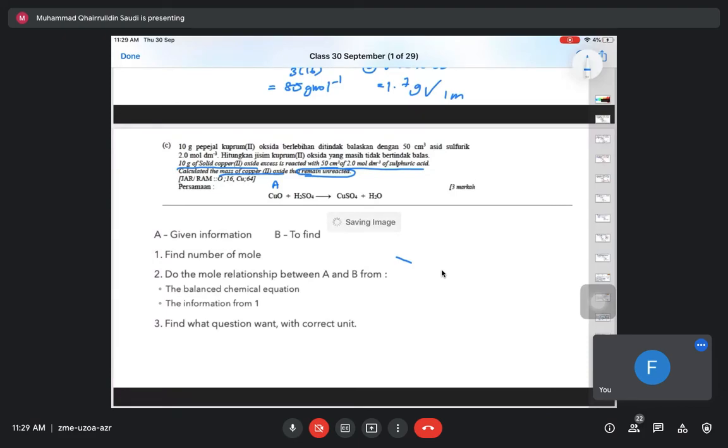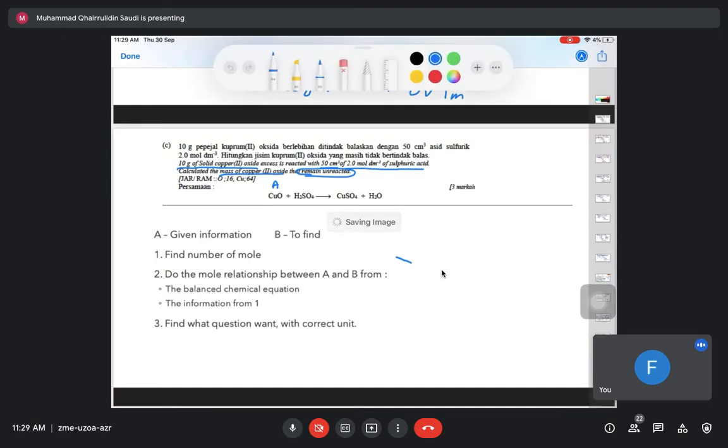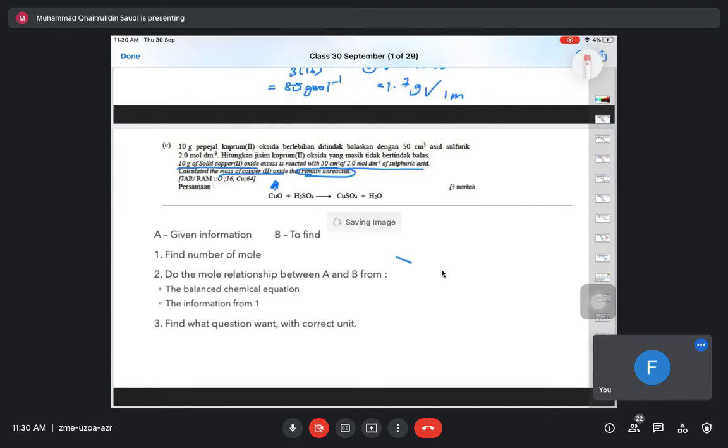Okay. Kemudian, sorry, bukan. That is not our given. Our given is 50 cm3 of 2.0 mol per dm cube. So this is our given. This is what we want to find. Sebab we want to find the mass yang reacted first.